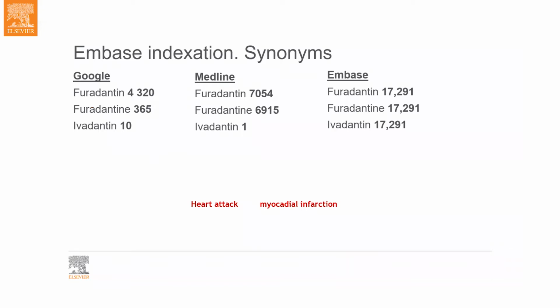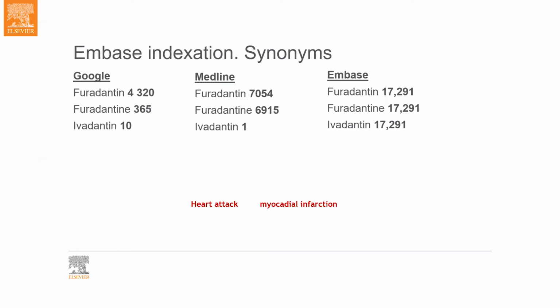On this slide, I'm trying to show what it means to search using the taxonomy and using synonyms. I entered 3 strings: furadantine with an E at the end, and other spellings. All these 3 words mean totally the same thing. It's the same drug.